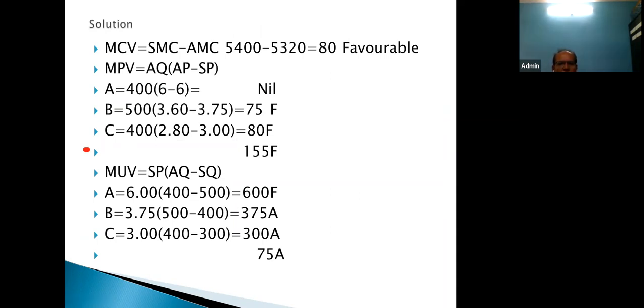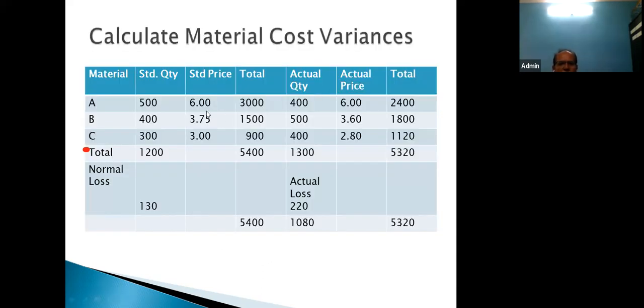Let us go to the B material. Actual price, standard price and actual quantity for B material. Look here. What is the actual price for B material?